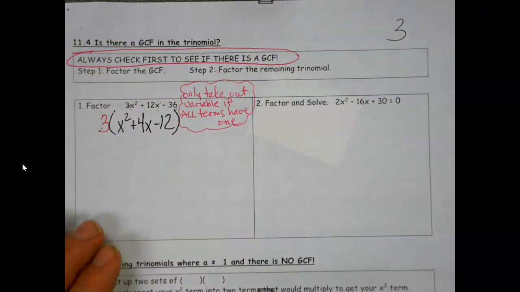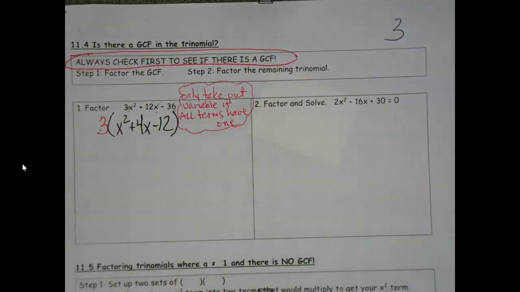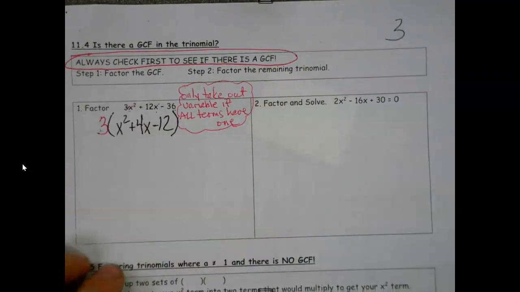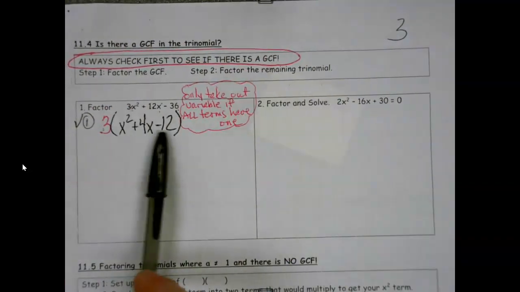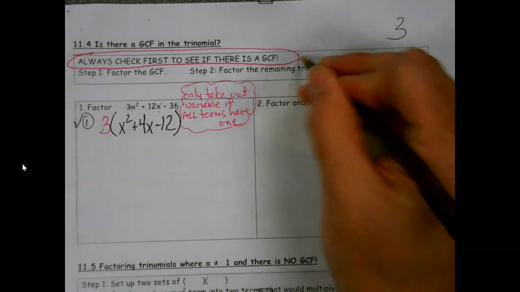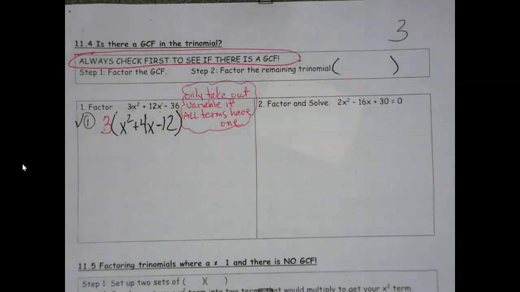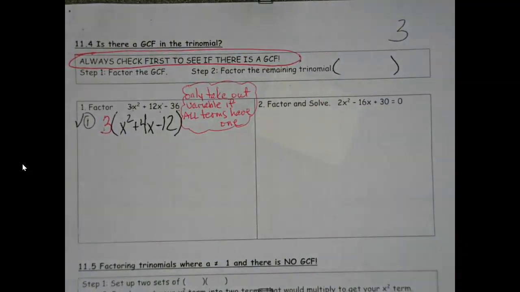Back when we were doing the greatest common factor, that would have been the end. But it's not the end now. We took out the GCF, so step one is done. Step 2: factor the remaining trinomial, the stuff that's in the parentheses.